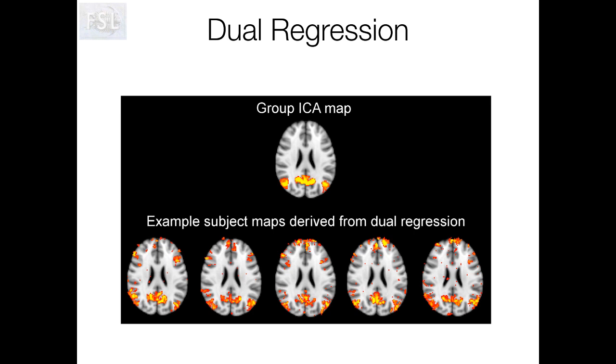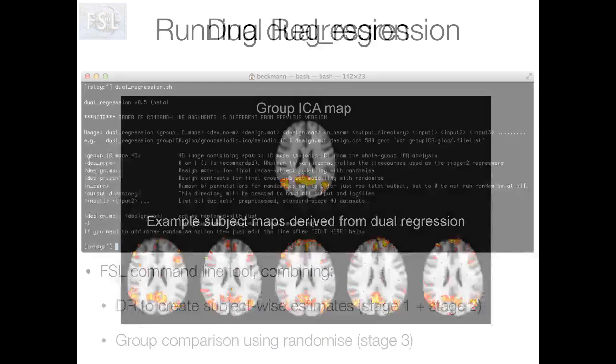So thanks to dual regression, we now have an estimate for every one of our subjects of the contribution to the group ICA component. And now that we have a spatial map for every one of our subjects, we can look at how those component contributions vary across our subjects using standard voxel-wise statistical analysis.